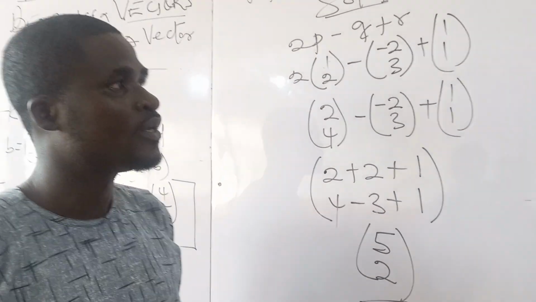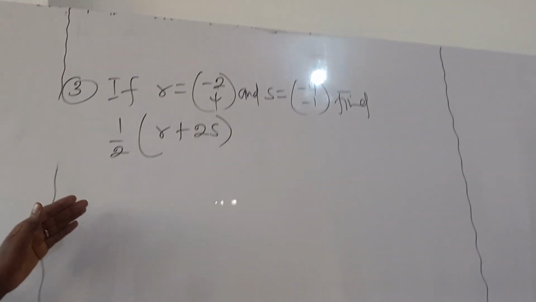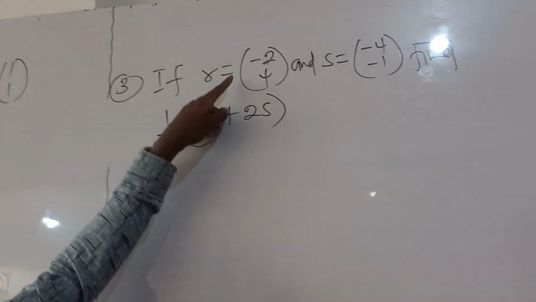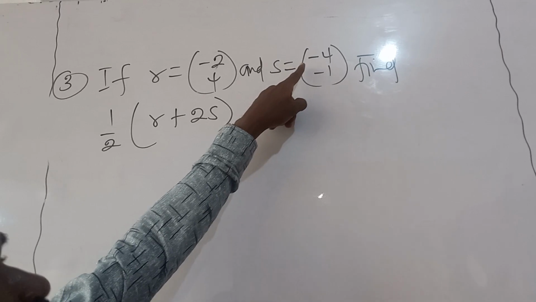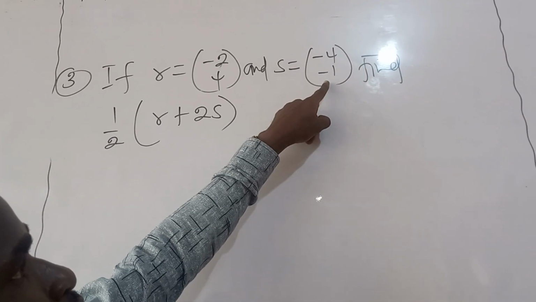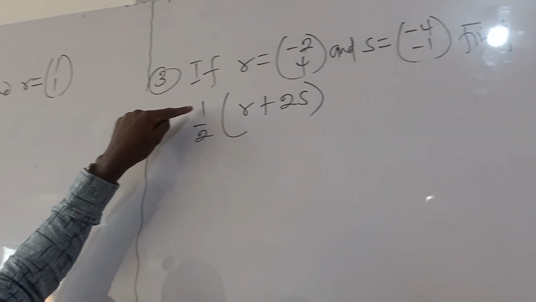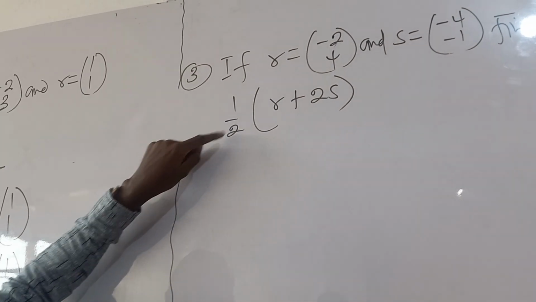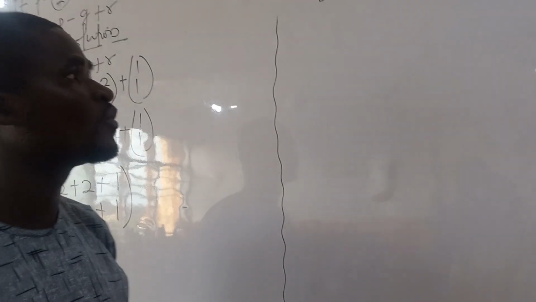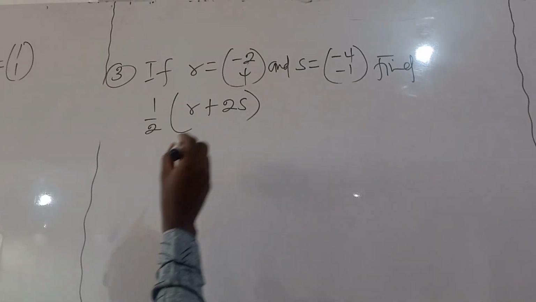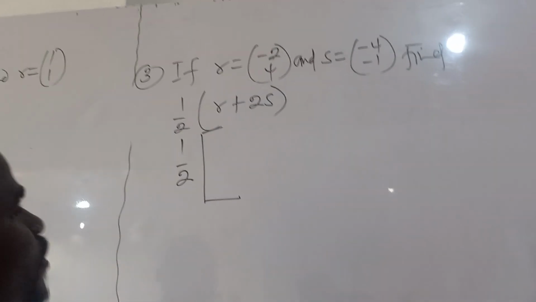Please. Now, let's look at the third example. If r equals (-2, 4) and s equals (-4, -1), find 1 over 2 into bracket r plus 2s. Now, let's look here. We have 1 over 2, big parentheses, because of this.